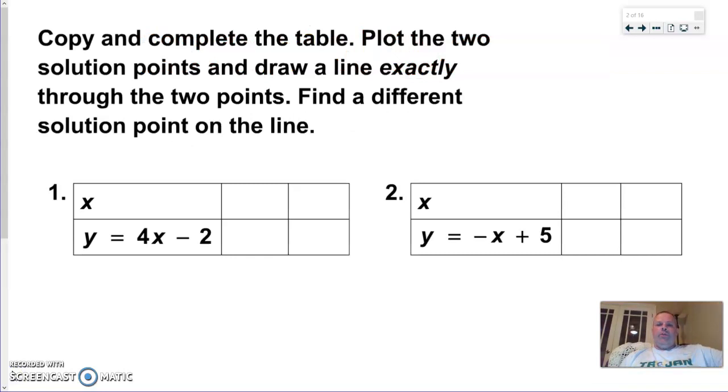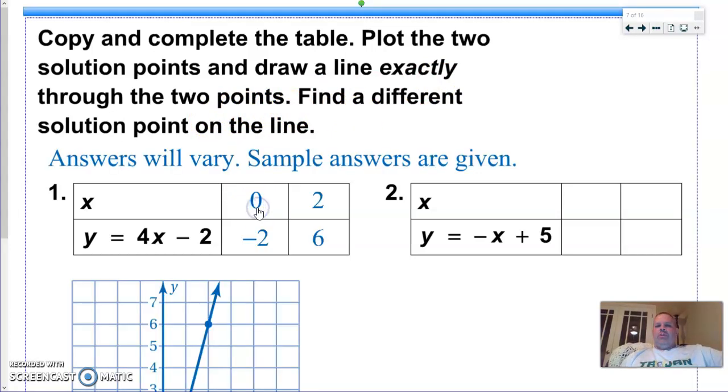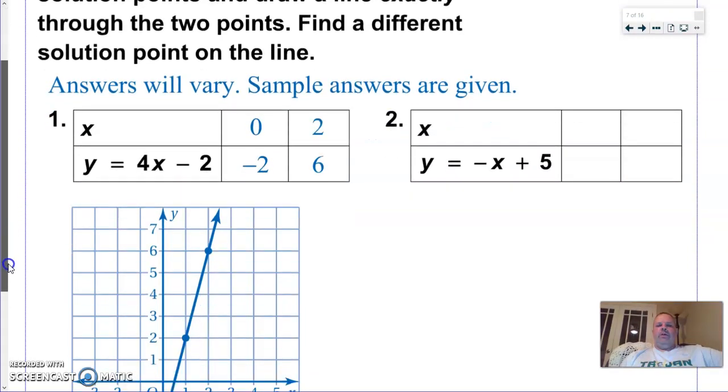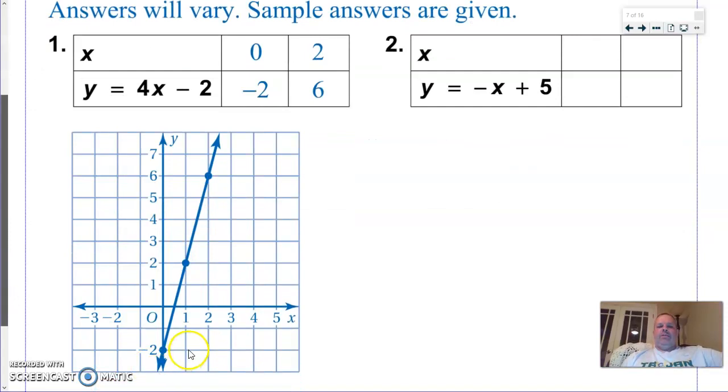One of the ways that we can do this is we can copy this table. We can plot two solution points and draw a line exactly through those 2 points. So I'm going to use 0. If I put in 0 here, I would get 0 minus 2 is -2. So one of my points is 0, -2, and you will see down here, I plotted 0, -2.